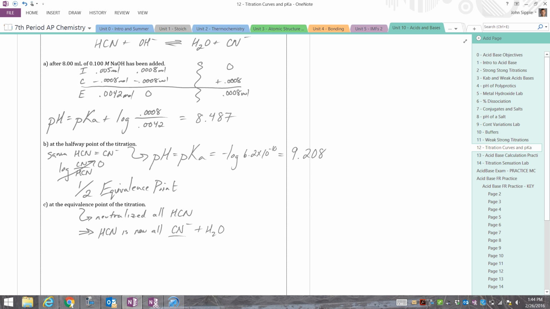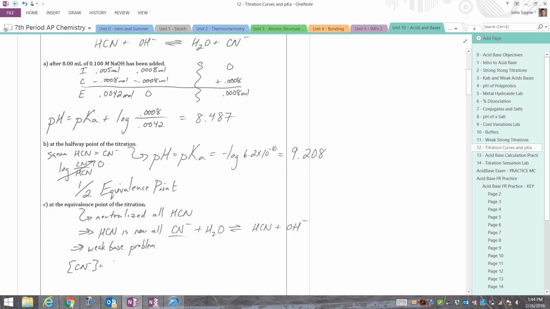All right, so that means we can just skip to our weak base problem here. This is just a weak base problem. What we need to know is the concentration of CN minus in solution.